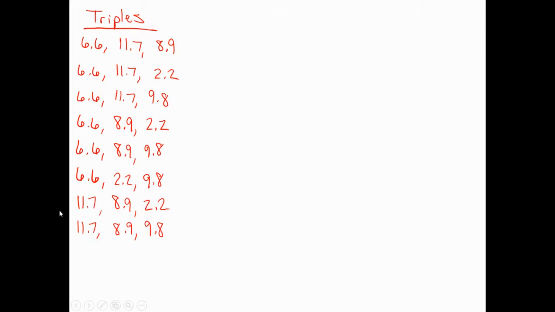I'm at the end, so I go 11.7, 2.2, and 9.8. Let's see, how many do I have here? 1, 2, 3, 5, 6, 7. And you got one more. I'm at the end of my 11.7s, so now I have to go to 8.9, 2.2, and 9.8. Now I'm at the end.